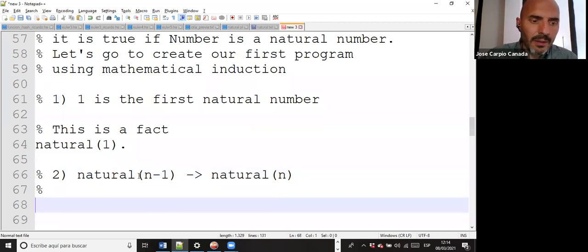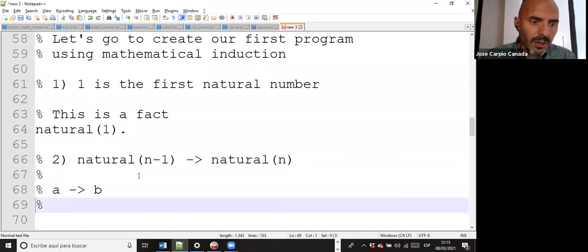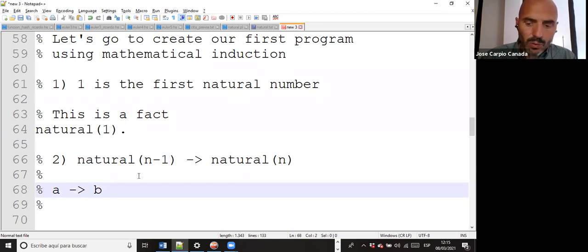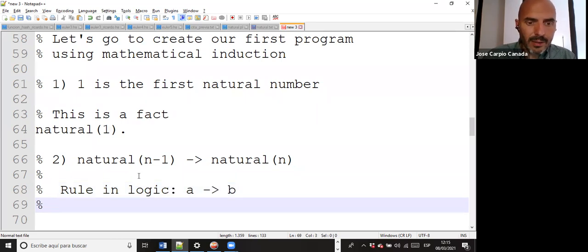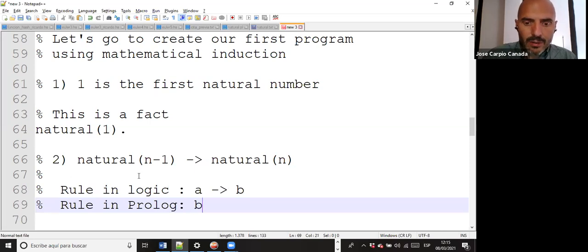How do we express that in Prolog? Here, there is one interesting thing. In Prolog, rules in this way, we change the order. This is in logic, a way to express a rule. A rule in logic we usually write in this way, but a rule in Prolog, we change the order, something like B, colon, and A. We change the order.